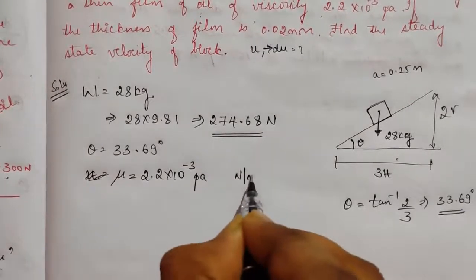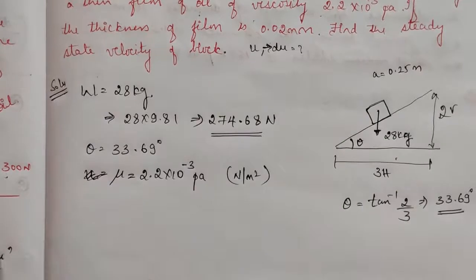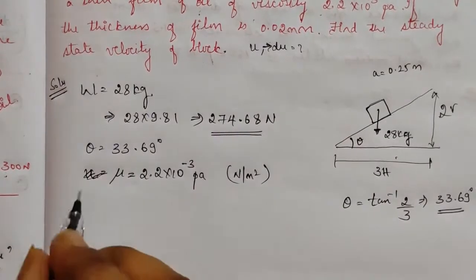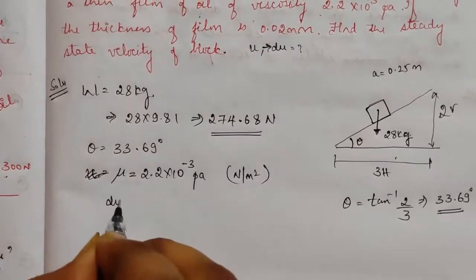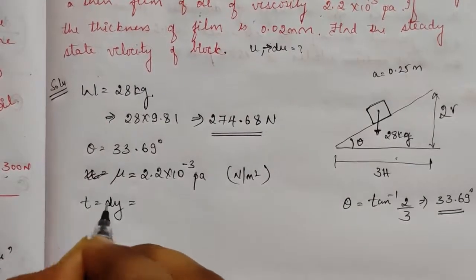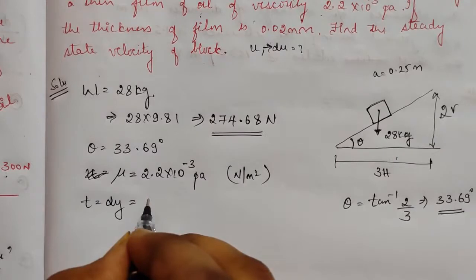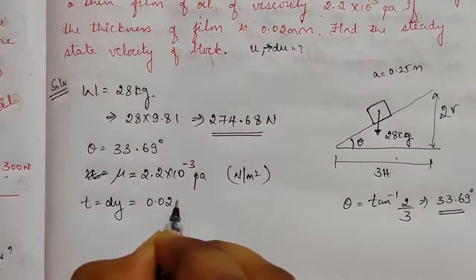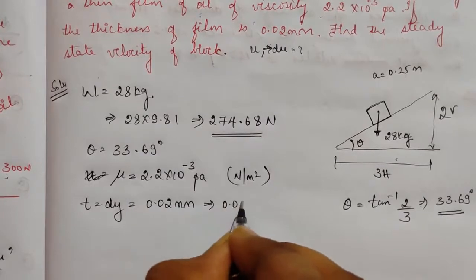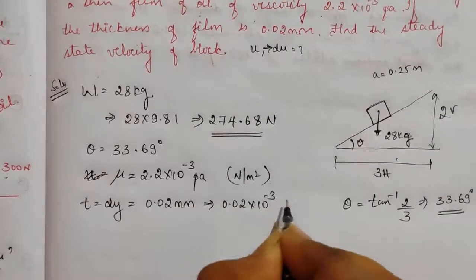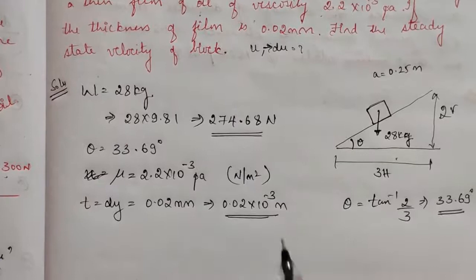Pascal means Newton per meter square, both are the same. Then thickness of the film, dy or t, is 0.02 mm. I can convert it into 0.02 into 10 power minus 3 meter.